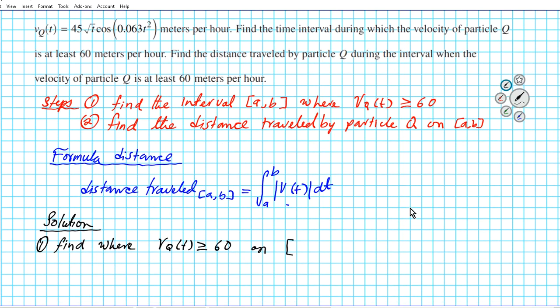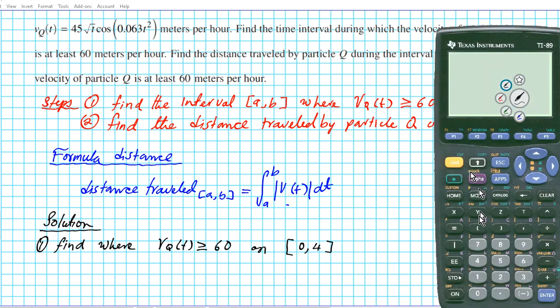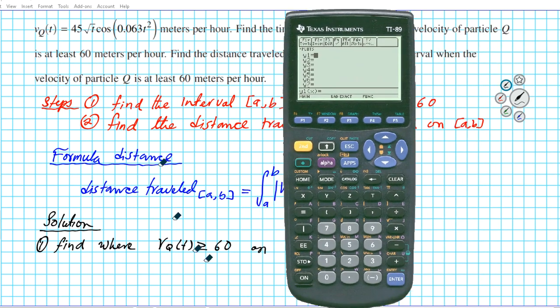It says from 0 to 4. Okay, so from 0 to 4. Alright, we're going to fire up our calculators and do this. So I'm going to be using the TI-89 to do this problem. Alright, so first things first, I'm going to store this function in my calculator so that I don't have to keep typing it over and over again. Okay, alright, so let me show you how to store it.